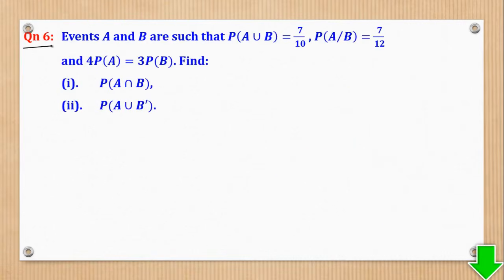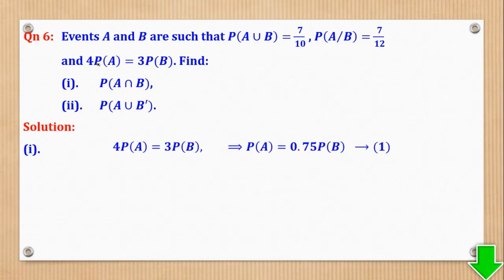Then question 6 says events A and B are such that probability of A union B is 7 over 10, probability of A given B is 7 over 12, and 4 times probability of A is equal to 3 times probability of B. Find Roman 1, probability of A intersection B, and Roman 2, probability of A union B complement. So let's start with Roman 1. So first of all, from this statement we can make A the subject to come up with this.